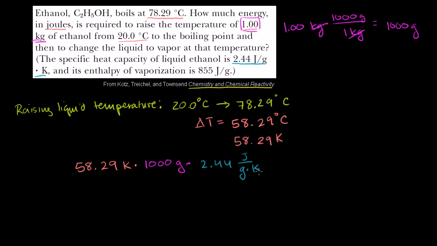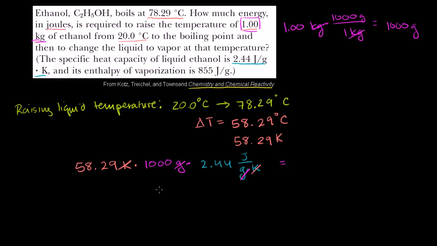The Kelvin cancels out with the Kelvin in the denominator, and the grams in the numerator cancel out with the grams. And it makes sense. Specific heat is the amount of energy per mass per degree that is required to push it that 1 degree. So here we're doing 58 degrees and 1,000 grams. You just multiply it, and the units cancel out.